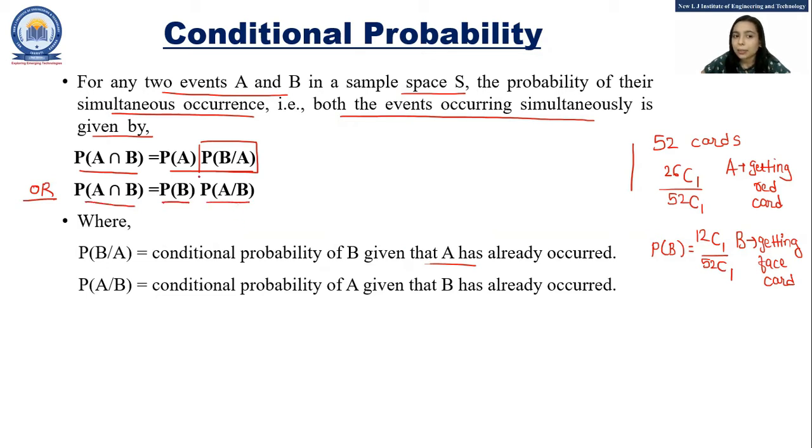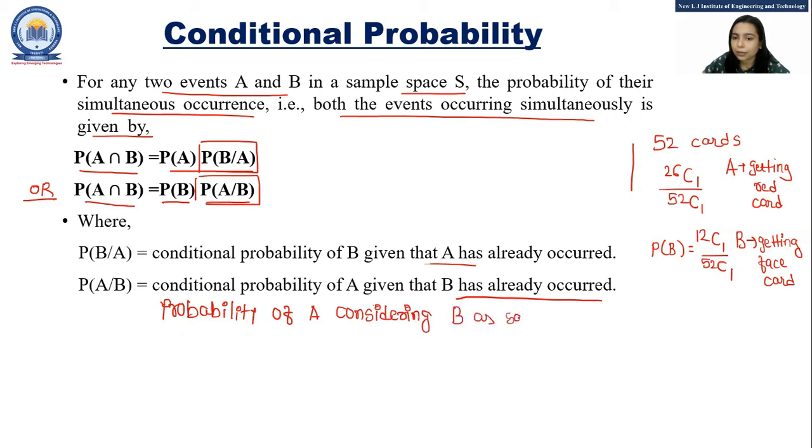That means this P(A/B) is nothing but the conditional probability of A given that B has already occurred, or we can say the probability of A considering B as a sample space.